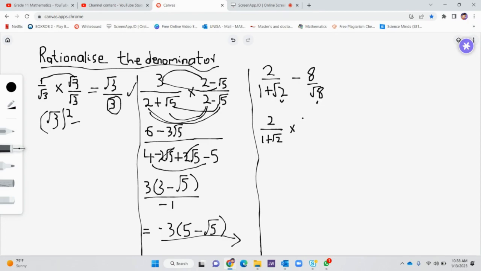Our 1 in this case is going to be 1 minus root 2 over 1 minus root 2. Remember the sign changes. The second fraction has square root of 8, so we also need to rationalize that. With this one, it's simple because it's just one term. So our 1 in this case will just be root 8 over root 8.